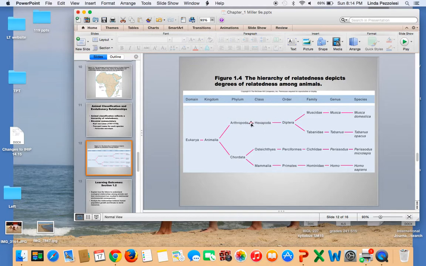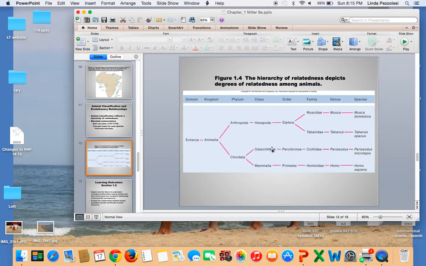Arthropods, in this case, you're going to end up with an insect. A class, which hexapods are insects. Osteichthyes are bony fish, and mammalians are, of course, mammals. Orders. As we're going down this list to the right, you're getting more specific in your order of classification. So dipterans are the flies.